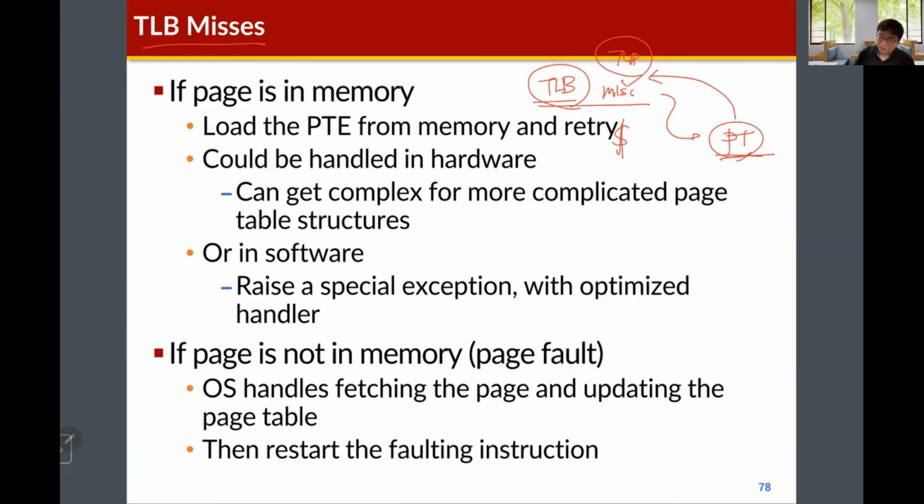It's the same for the TLB. When the TLB miss is encountered, then we need to access the page table. Then if the page table has valid data, this data is transferred to the TLB. Okay.